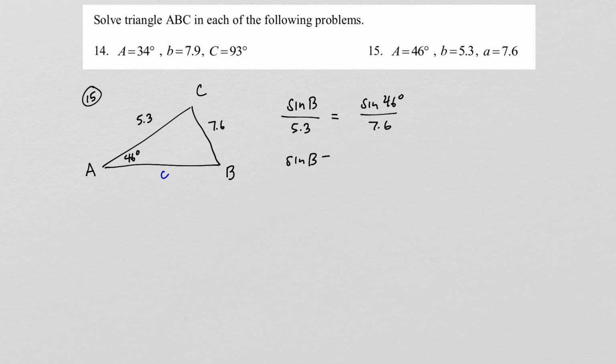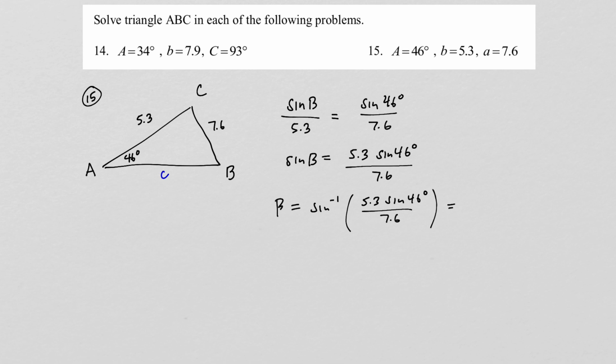Solving for sine of B, we get sine of B is 5.3 sine of 46 divided by 7.6. And that means that B is equal to the inverse sine of this value. So now we just need to plug this into a calculator.